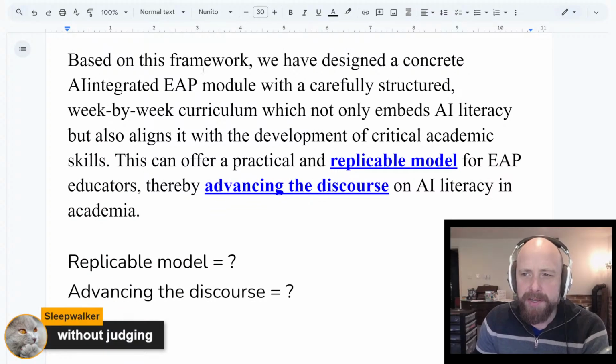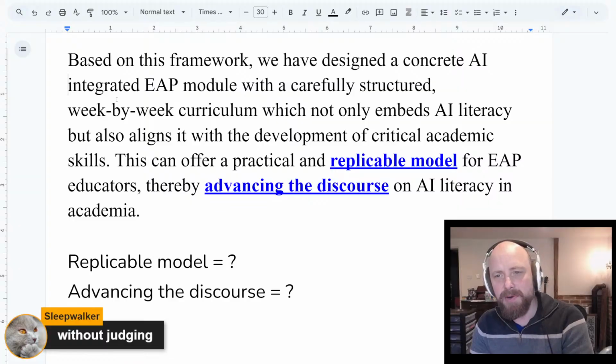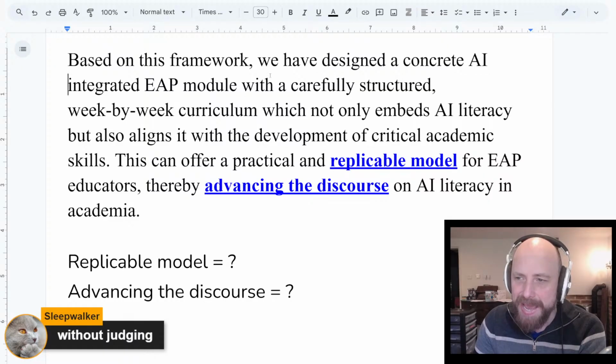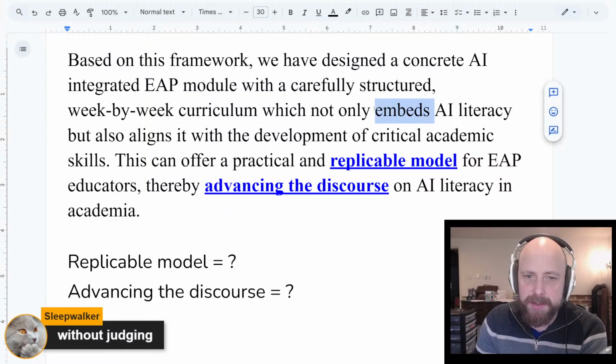Based on this framework, we have designed a concrete AI-integrated EAP module with a carefully structured week-by-week curriculum, which not only embeds AI literacy, but also aligns it with the development of critical academic skills.